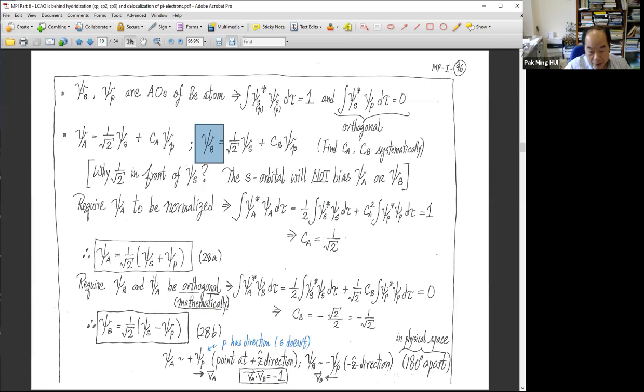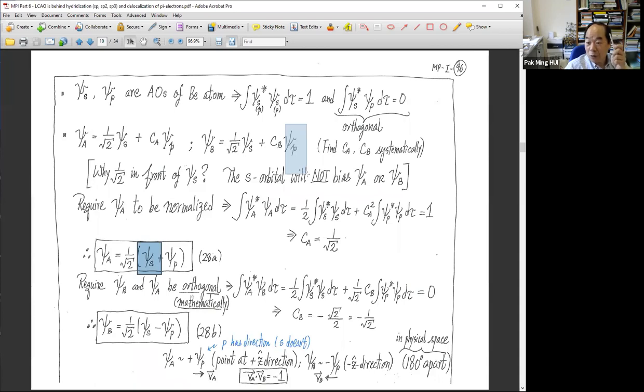So we have this phi A star phi B d theta must be 0. But we know this, we multiply into this one. Now, the cross terms are automatically 0, phi S multiplied by phi P, because they are atomic orbitals of the same atom.